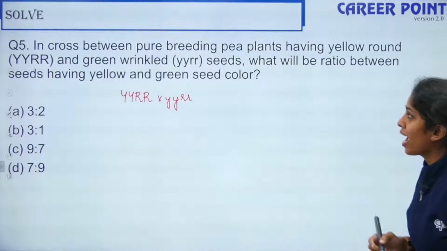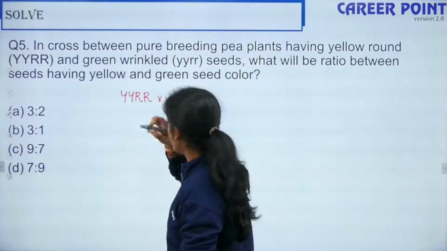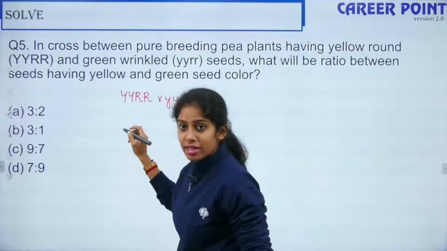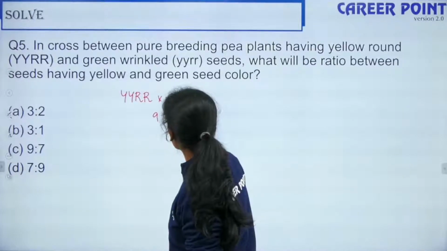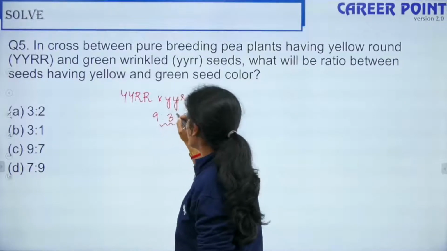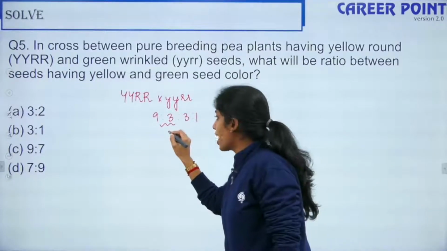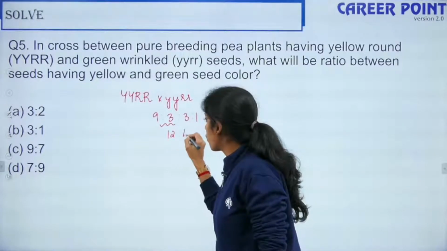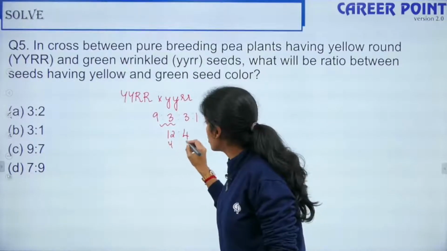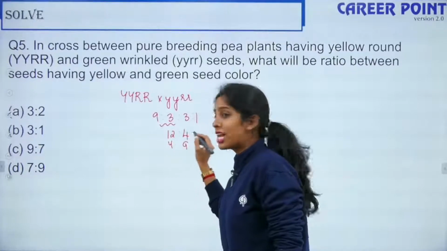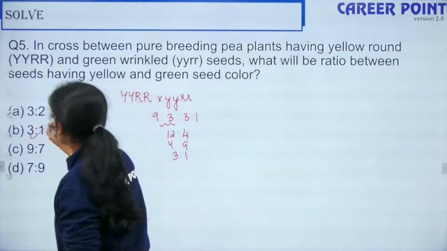In the dihybrid F2 generation, we have 9:3:3:1. So this is yellow and this is green. Sorry, 12 will be yellow and this 4 will be green. 12:4 is nothing but 3:1. So the right answer is 3:1.